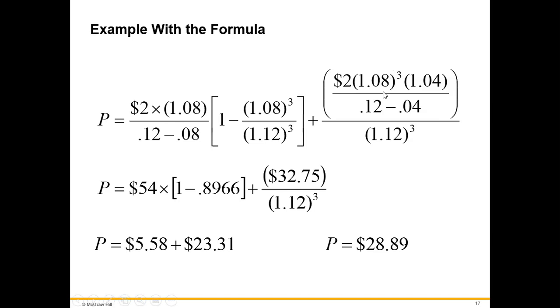So times, and you could just go times 1.08 times 1.08 times 1.08, but that will give you the last dividend at an 8% growth. Now determine the next year's dividend by multiplying that by 1.04.